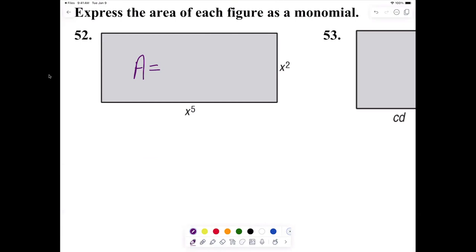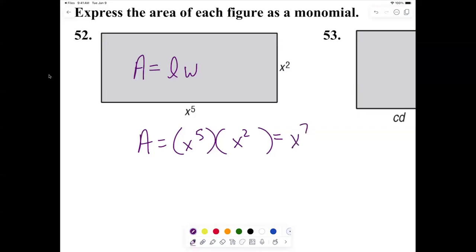Length times what? Yes, area is length times width. So area equals, what am I going to multiply? What two things? Wow, and that answer is x to the 7th. Perfect. That is the answer.